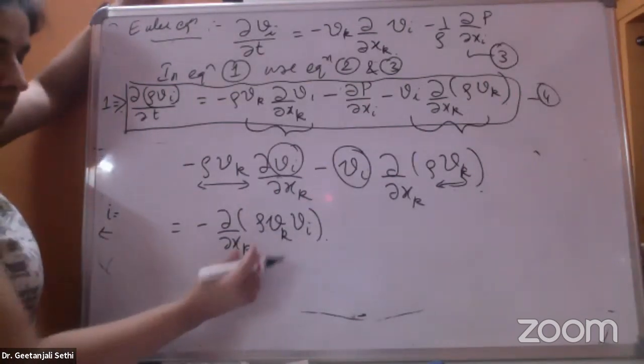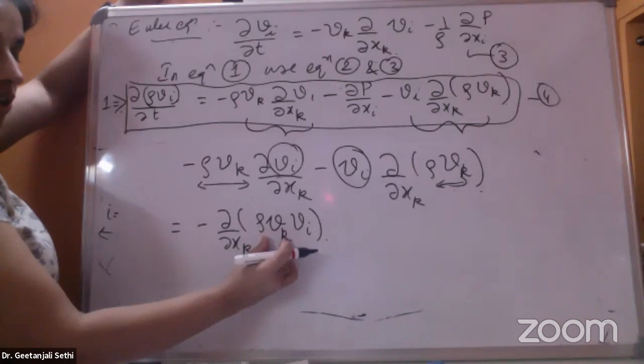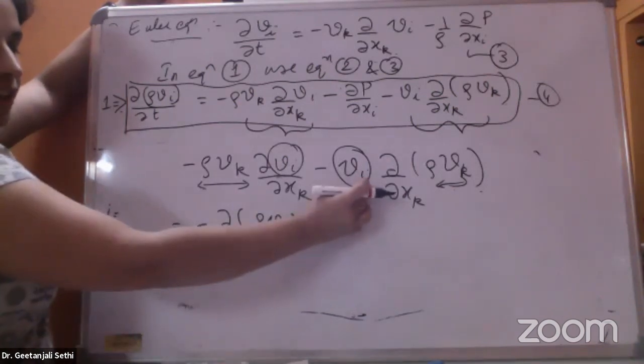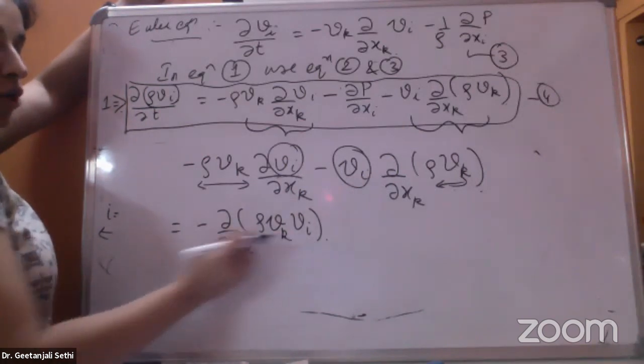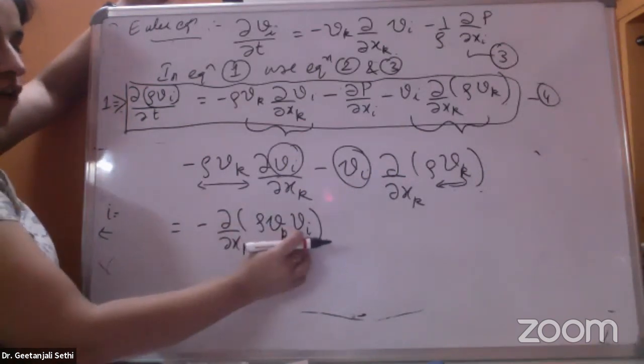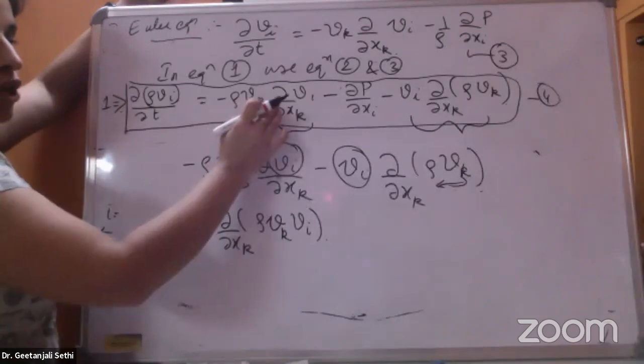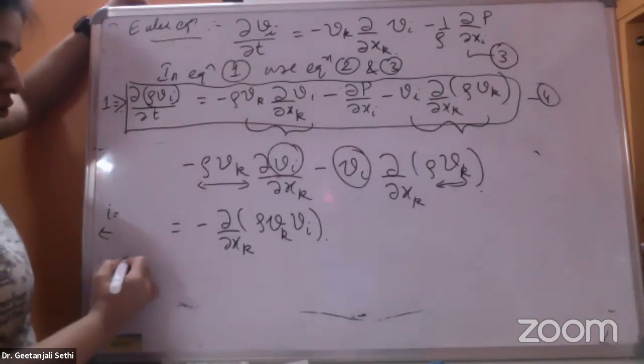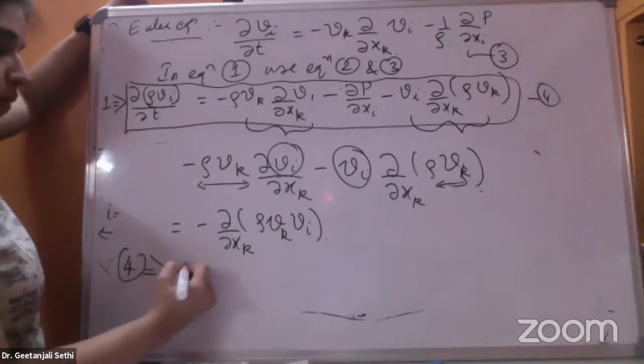You open it up, you get del by del xk of rho Vk into Vi, which is this second term. Then you pull out rho Vk del by del xk of Vi, which is this term. So I'm going to combine these two terms in my equation 4 and write my equation 4.